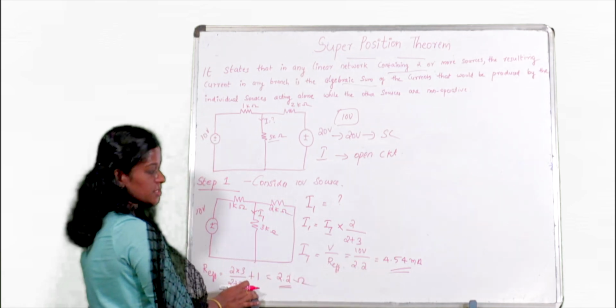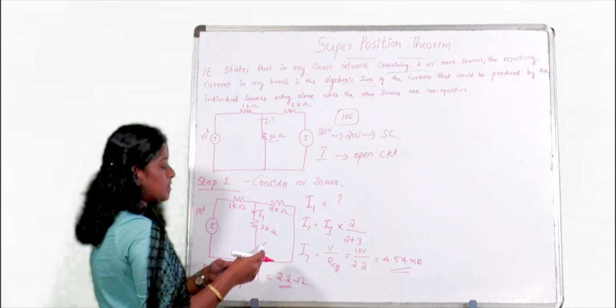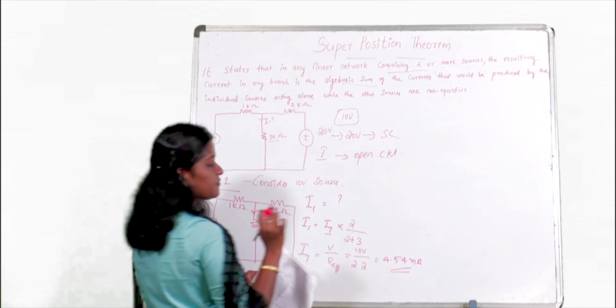Here you will get the total current as 4.54 milliampere. This is the total current of this circuit.